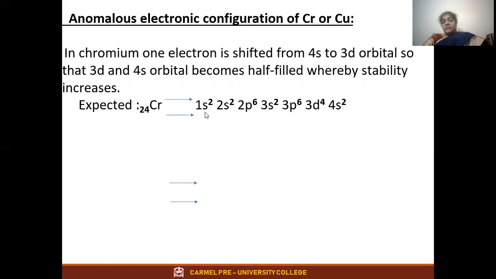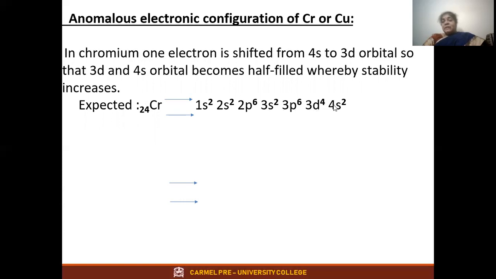Students, just see me writing the configuration; in the same way you should also practice writing it. So 1s2, 2s2, 2p6, 3s2, 3p6, 3d4 and 4s2. If you remember Aufbau's rule, according to it, 4s and 3d, okay, while writing, we'll write it like this.